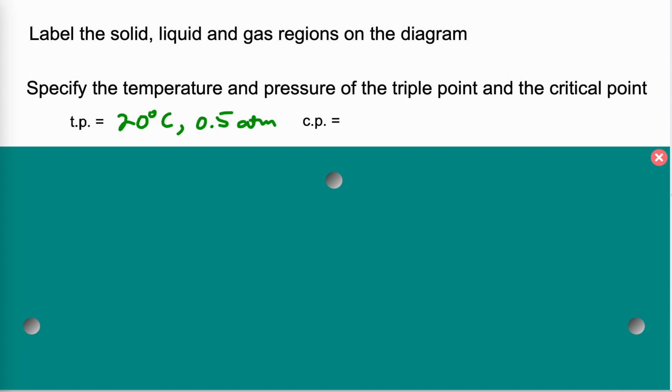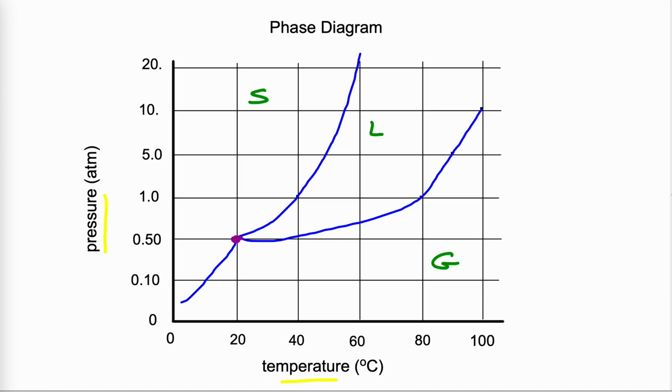The critical point is the point where the distinction between liquid and gas disappears. So if you look at the boundary line between the liquid and gas phases and go to the maximum value that's recorded, which we can see is way up here, oh, I forgot to label this, that's the triple point.